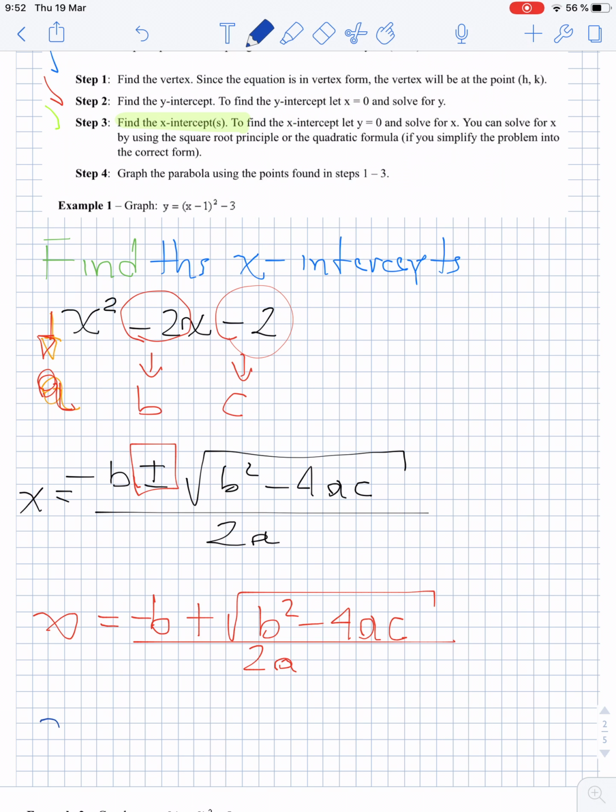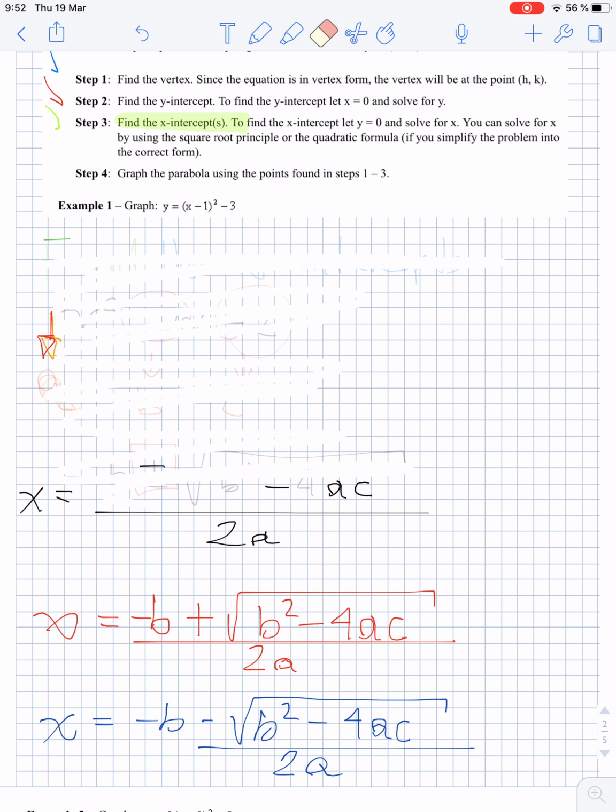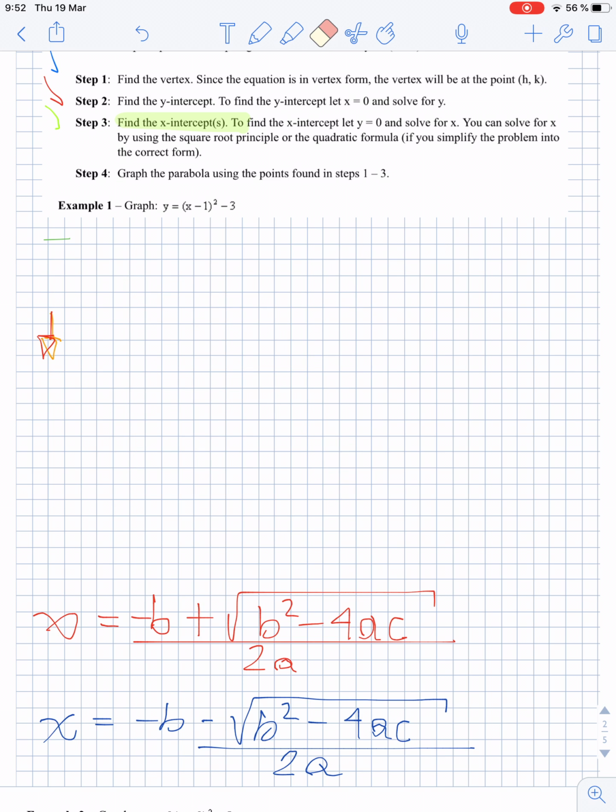The second will be x equal minus b minus square root of b squared minus 4ac over 2a, okay? When you have this, we only need to replace the values, okay?